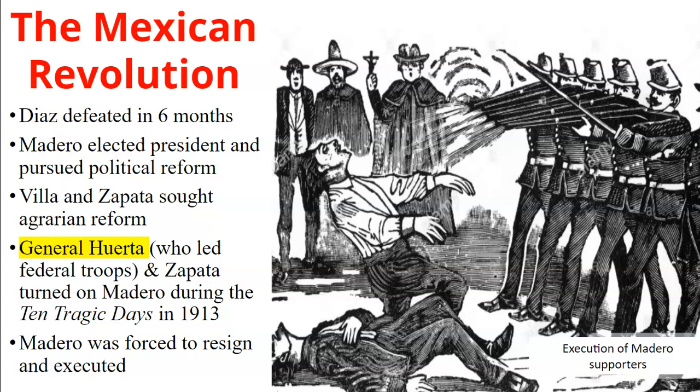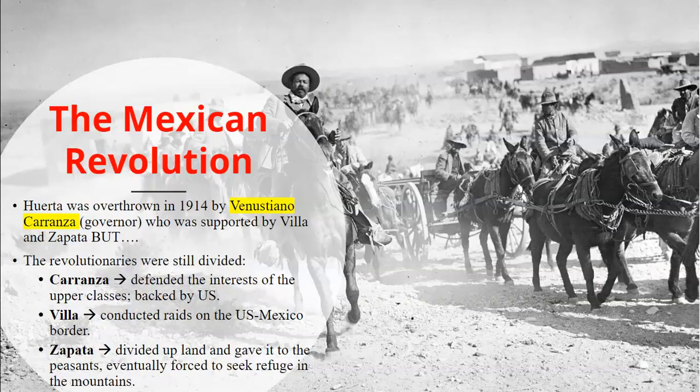So this guy, General Victoriano Huerta, he's actually backed by the US ambassador. He comes to power February of 1913. But by July of 1914, he is forced out by revolutionaries.